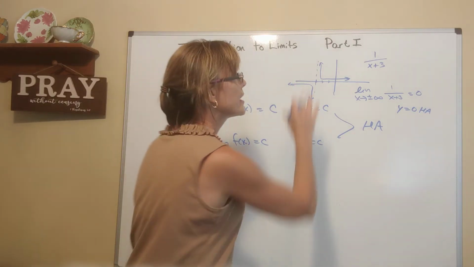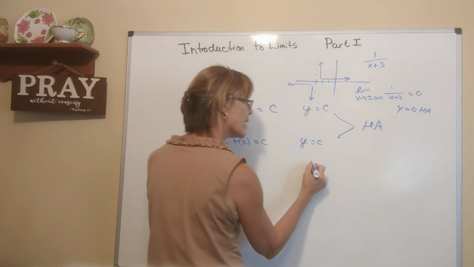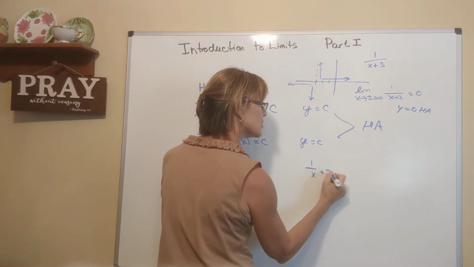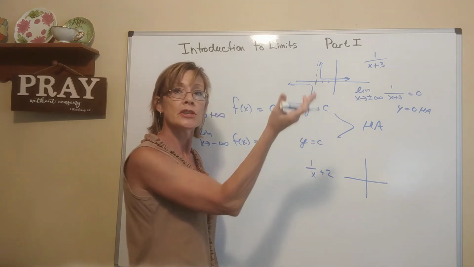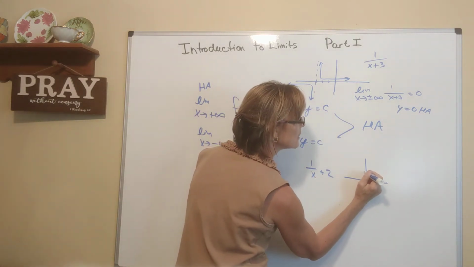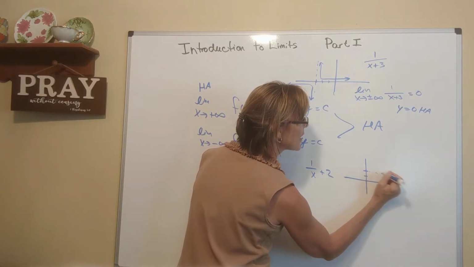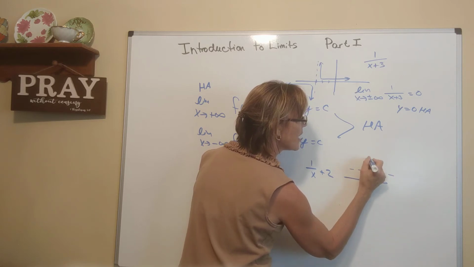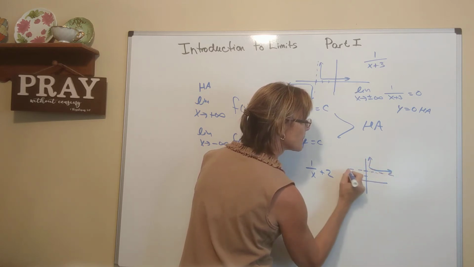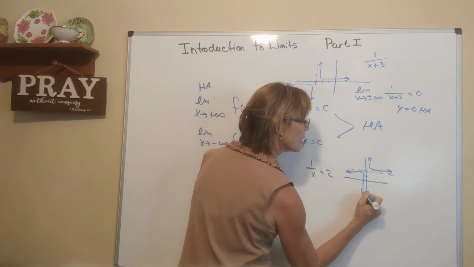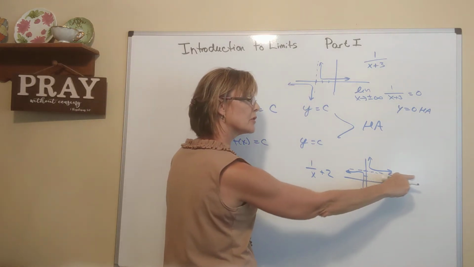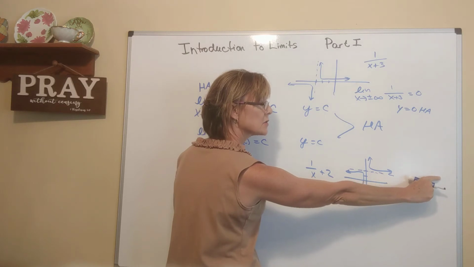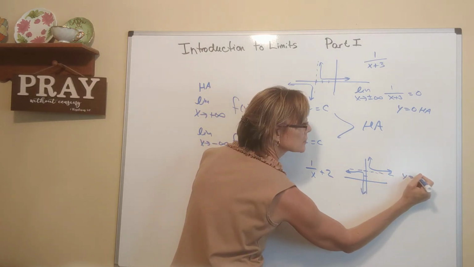Let's do one other thing with this. What if we say 1 over x plus 2? This is the basic graph, 1 over x, but it's shifted up 2. So we go up 2. So this will be my new x-axis. The y-axis is going to look like this. Okay, all right. So what's happening here, as x gets very, very big and positive, it's getting close to the line y equals 2.